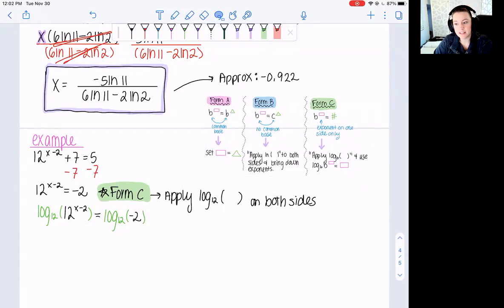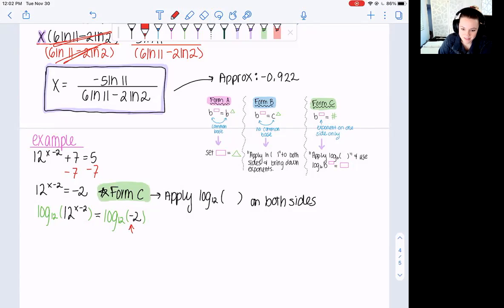And this is something that you may not catch if you're just beginning to work with logs, but something happening on that right-hand side is not going to sit well. What is going on here that's making me pause and make a big deal? The negative. Yeah, you can't have a negative inside of a log. It's inappropriate. It's not a real number.